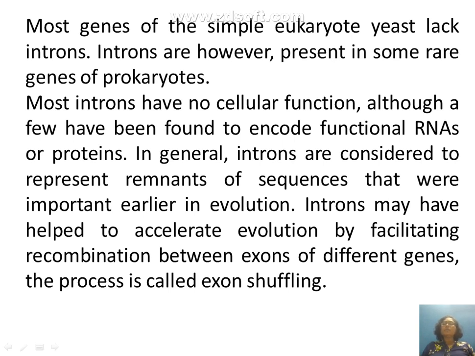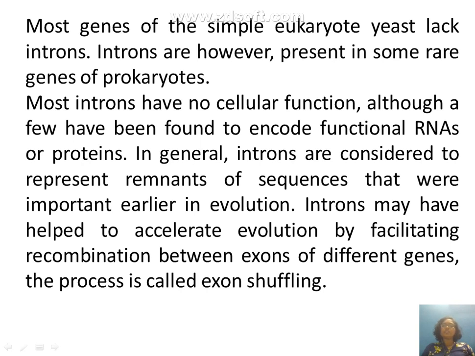From chimpanzees, how have humans evolved? The genes present in chimpanzees were 99% correlated with human beings, but during the evolutionary stages few genes became redundant and we evolved through changes in the genes. So they have accelerated the evolution.